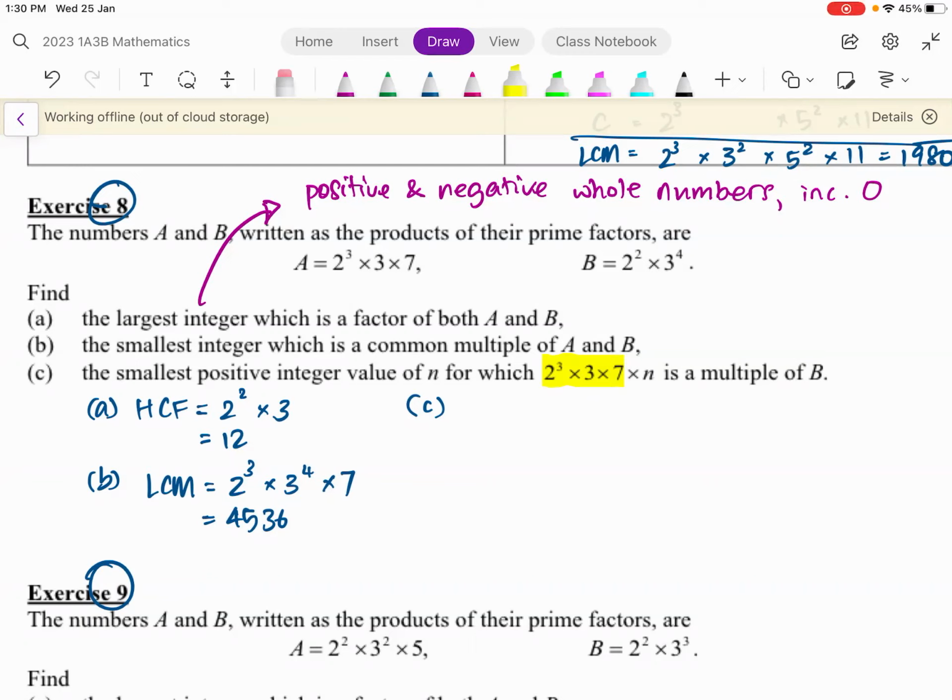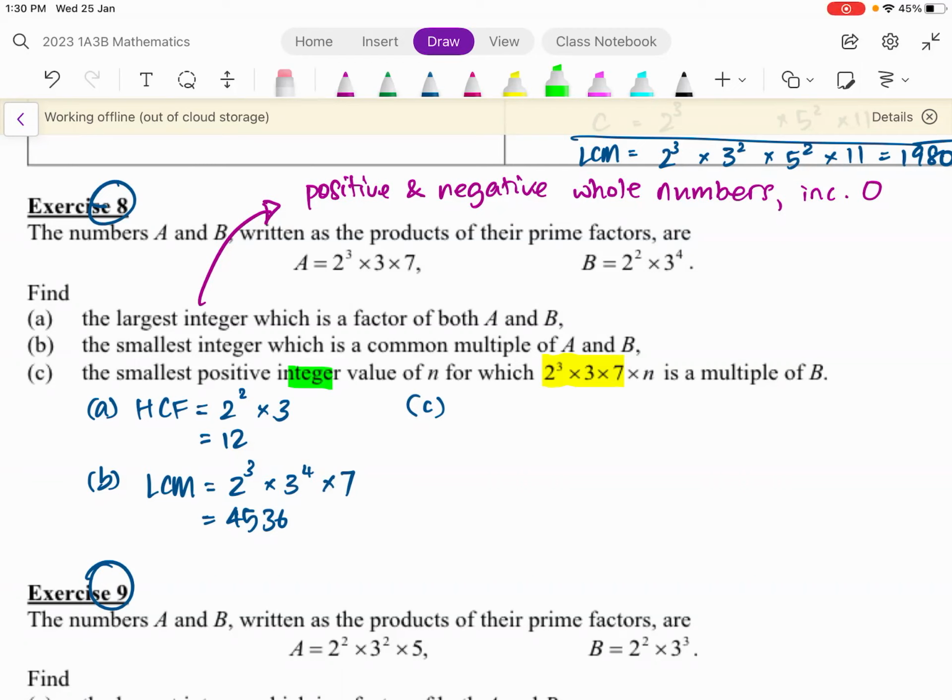A times n, where n is an integer. Remember what an integer is? Up there, written down. Integer is positive and negative whole numbers including 0. Now I have an integer times A. Basically a whole number times A, okay? That answer, a whole number times A, is called a multiple of A.